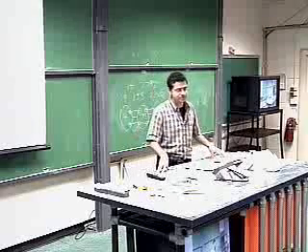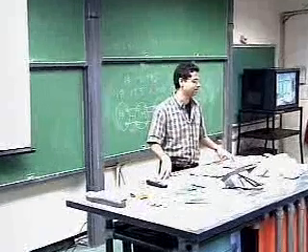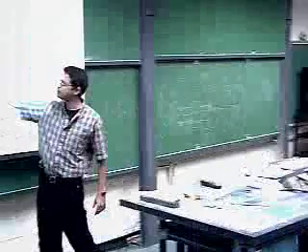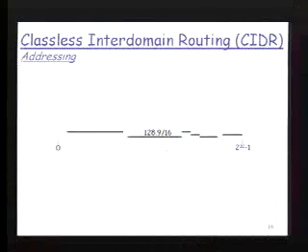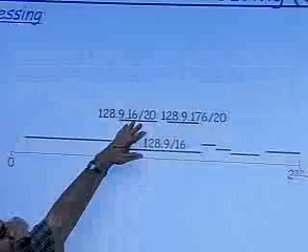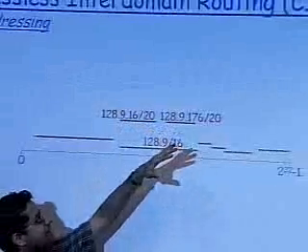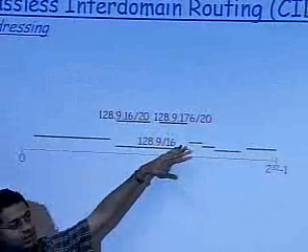The picture I gave earlier was somewhat simple. Why simple? Because all these intervals were disjoint. You can have overlapping line segments of this form. So you have a line segment or a CIDR address 128.9/16, and then you have overlapping line segments 128.9.16/20, 128.9.176/20.